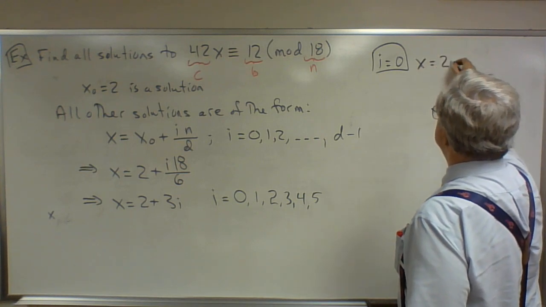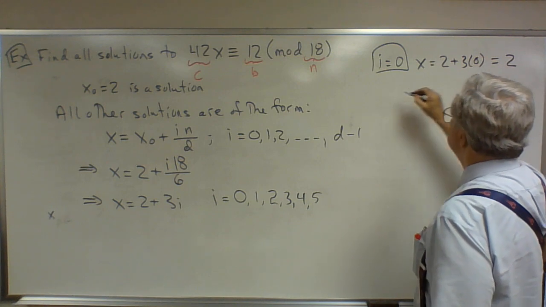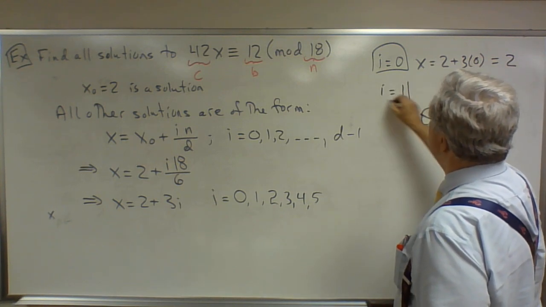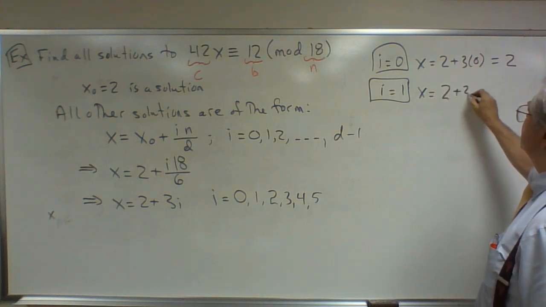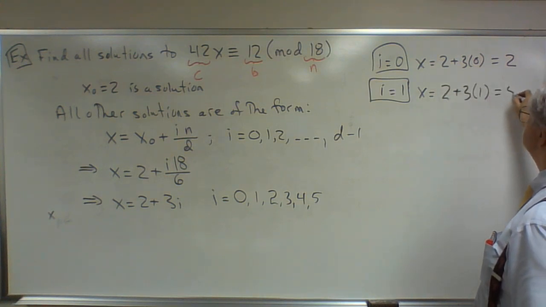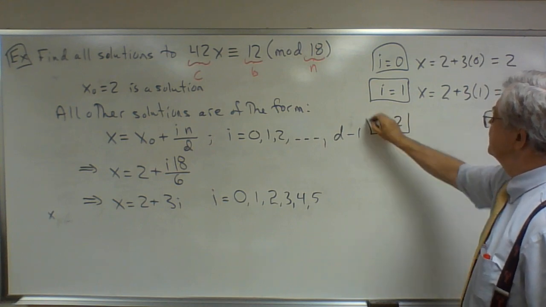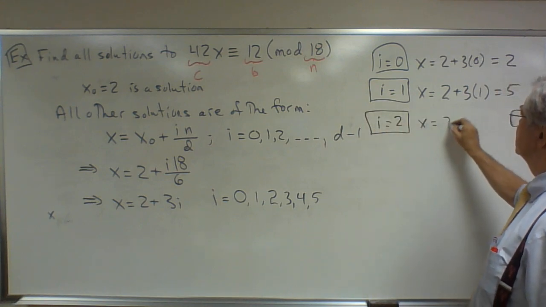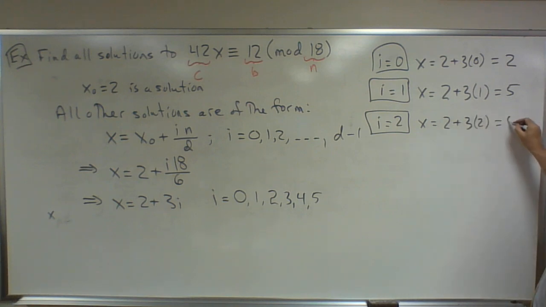X equals 2 plus 3 times 0 is 2. I equal 1. X equals 2 plus 3 times 1, which is 5. I equal 2. X equals 2 plus 3 times 2, which is 8.